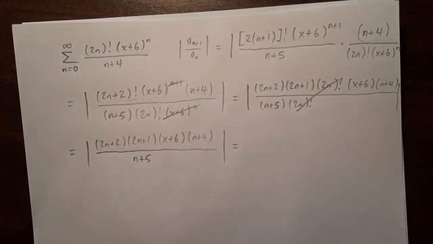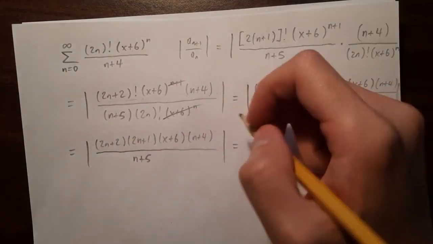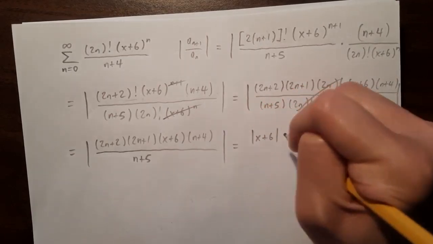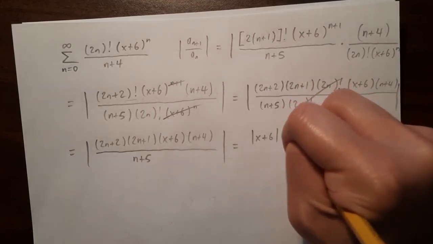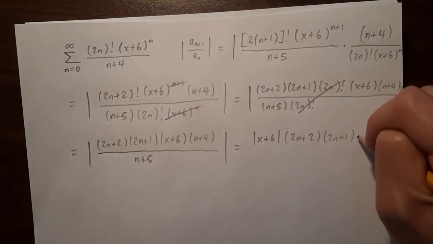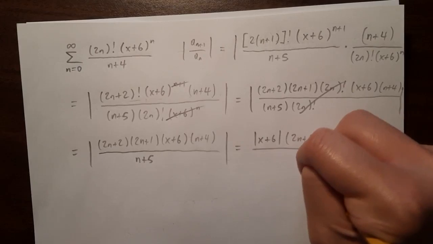So let me condense the absolute values. I think I'm also going to rearrange the order of multiplication here, so I put the x plus 6 first. I think that makes sense because we want to think of it as being like a constant. All right, so we have this then. n plus 4, and on the bottom we have n plus 5.